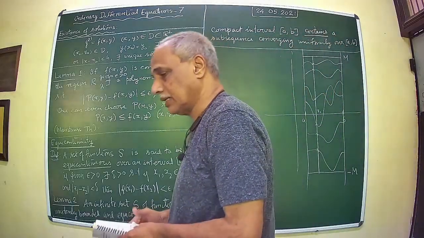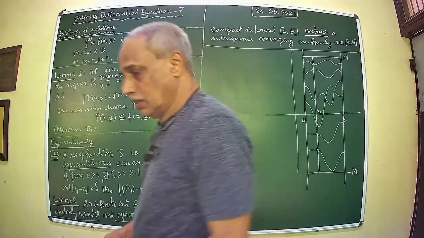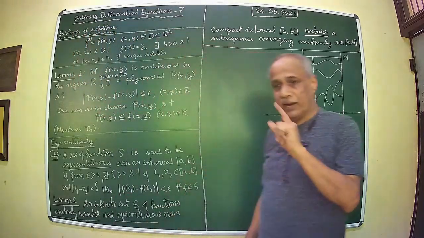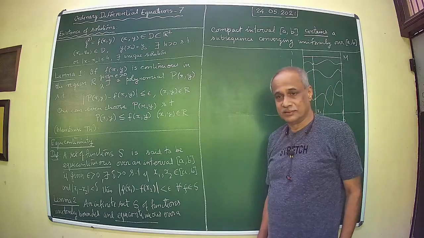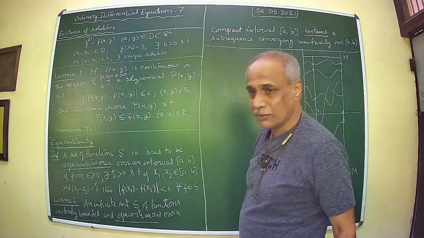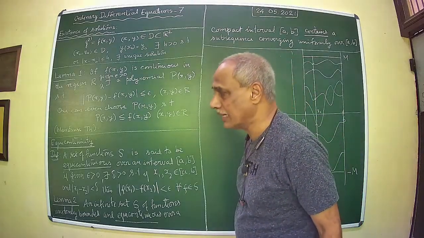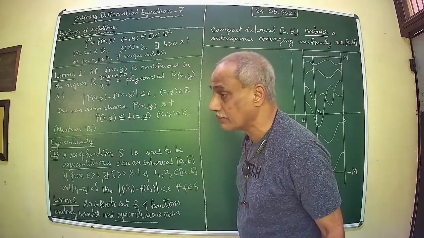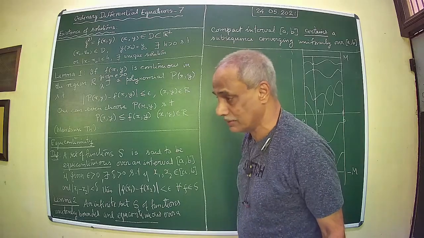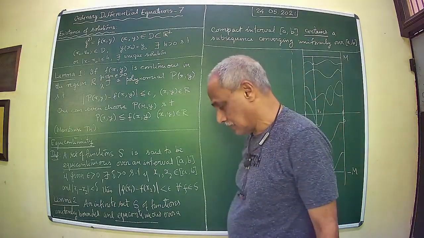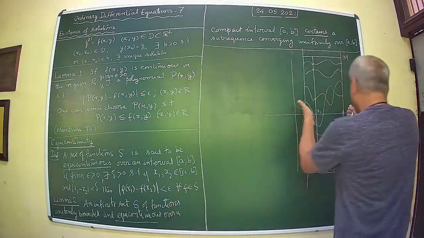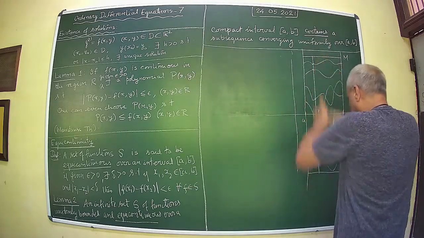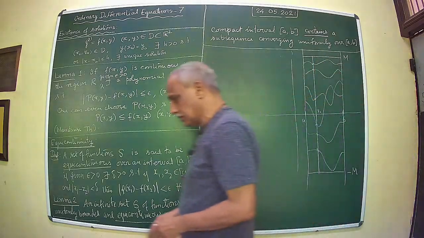But you cannot say that there is only one convergent subsequence. Just from these conditions you cannot conclude that there is only one convergent subsequence. There may be many convergent subsequences for this set of points. Now you are taking the whole interval, and for each point you are doing something like this. Now what happens?